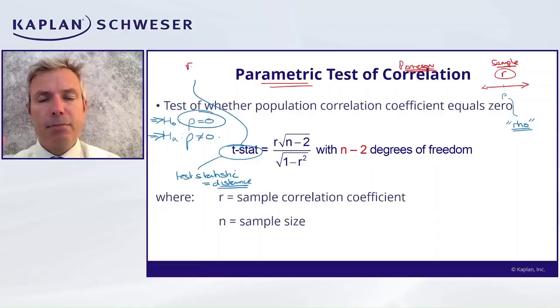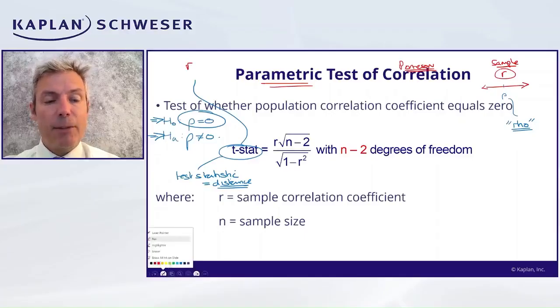Anything that comes from a sample I've drawn as red, and anything to do with the population I've drawn as blue. So this test statistic is going to represent the distance that your observed r is away from your hypothesized value of 0, in terms of the standard error of the sample correlation coefficient.